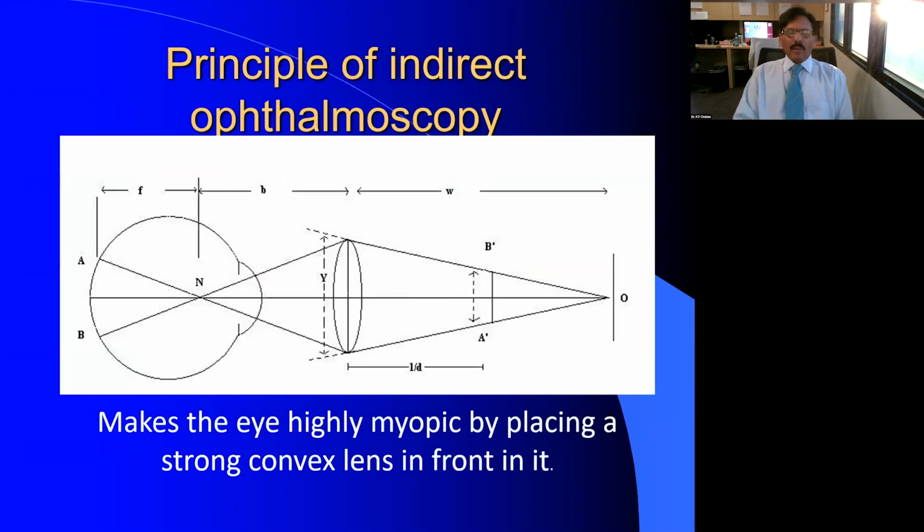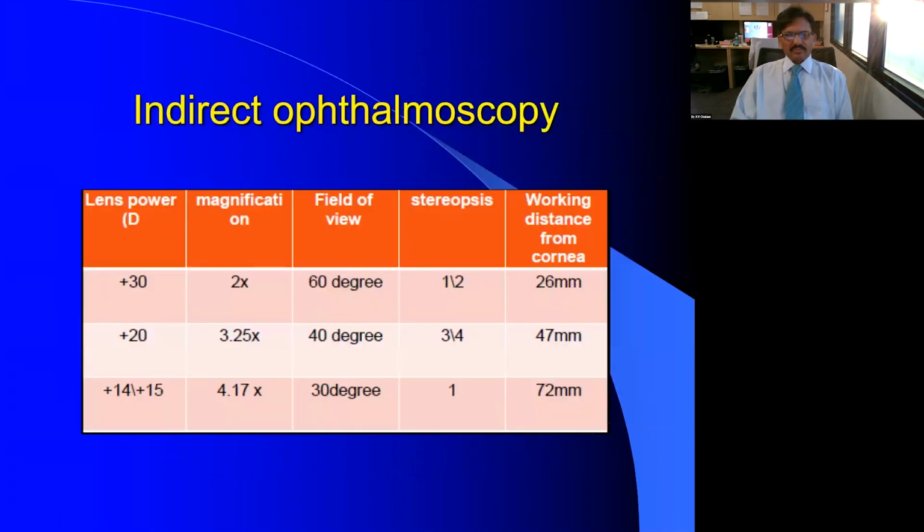So what are the optical principles behind it? It is fairly simple. You have the observer, you put a lens in between and throw the light. The area that is illuminated is going to come back and form a clear image between the observer and the patient. And there are 4 lenses we normally use. Commonly practiced as a compromise is usually a 20 diopter lens.